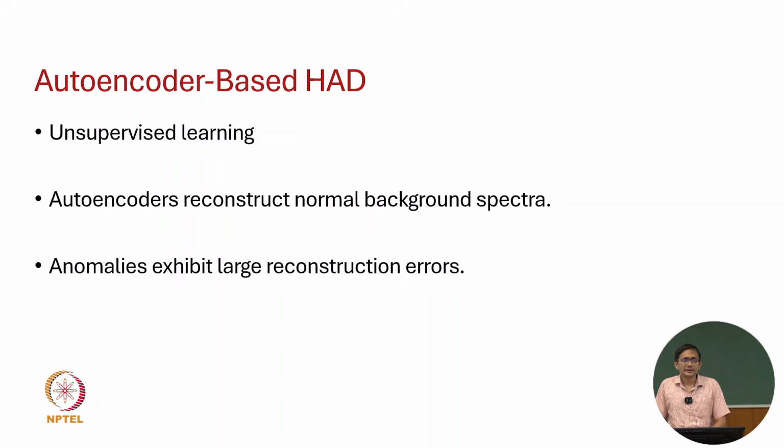And the assumption is that the anomalous pixels will show large reconstruction error. Thus, the background pixels will have smaller reconstruction error, anomalous pixels larger reconstruction error. And given this reconstruction capability of an autoencoder trained on normal background spectra, of course, we can thus detect anomalous pixels.